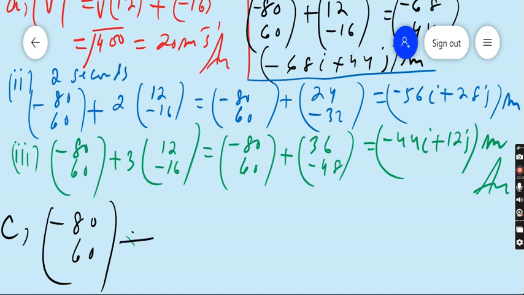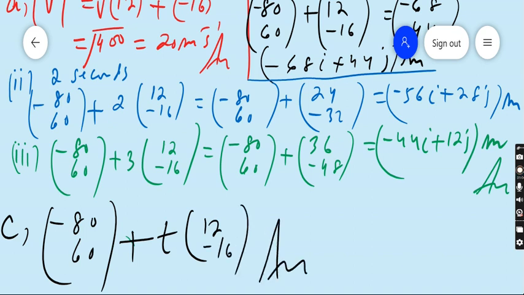Therefore we have to use t multiplied by 12, minus 16. This is the answer, because this formula gives the position vector at any time: 1 second, 2 seconds, 3 seconds, and t seconds. So this is the answer of part C.